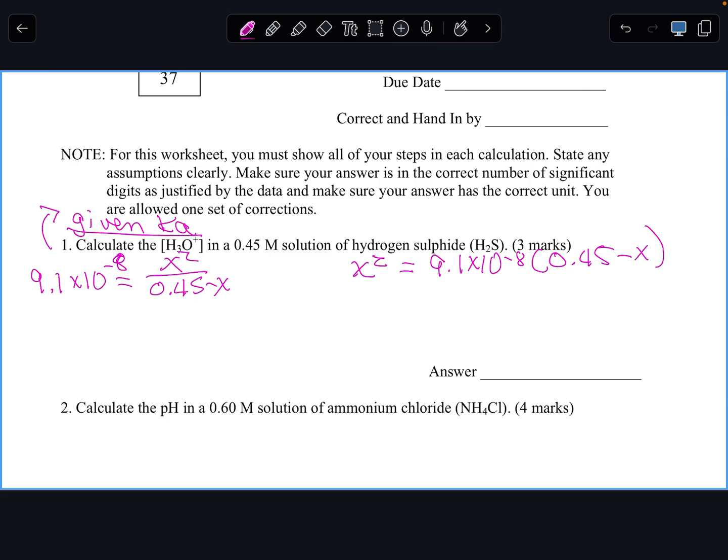Does everybody agree with that? So I'm going to get x squared equals, who can multiply these two numbers for me and tell me what they equal? I think it's 4.1 times 10 to the minus 8. Have I written this down correctly?